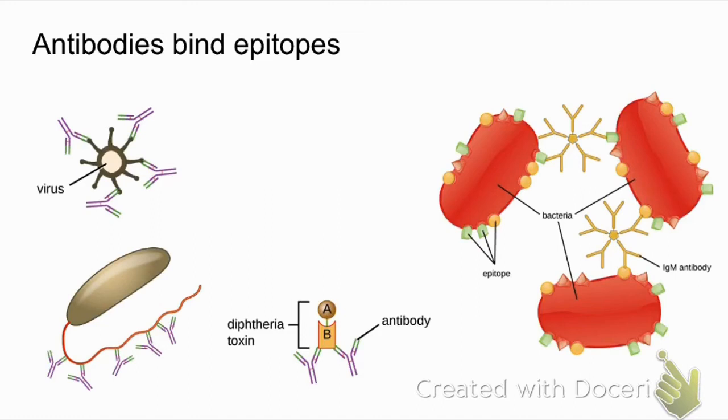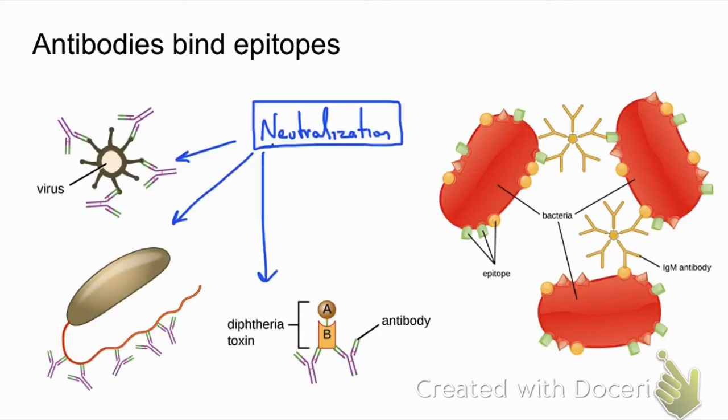On the left-hand side here, I'm showing you an antibody that has been bound to a virus, particularly the spikes, to the flagellum of a bacterium, or to a toxin. And these all represent forms of neutralization. In neutralization, an antibody will prevent the antigen from attaching to a host.